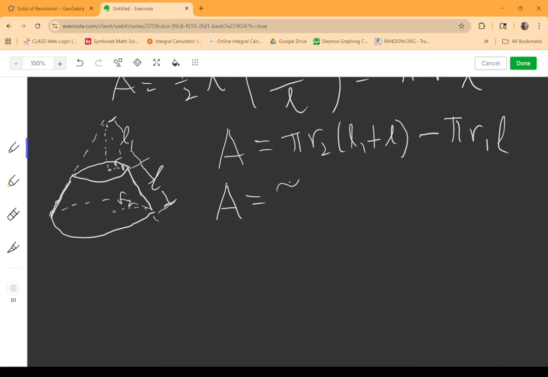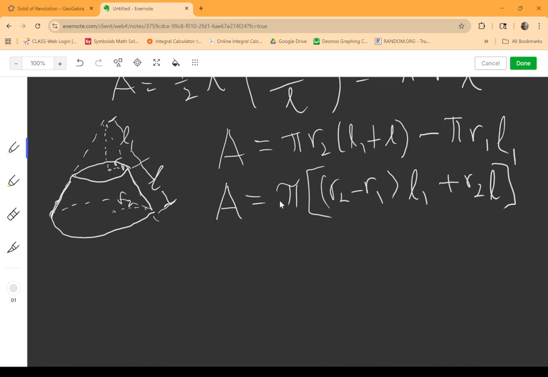So I take a factor of pi out, and I'm going to group the L1 terms and the L. So we'll have pi times R2 minus R1 times L1, and then plus R2 L. Here I distributed R2, and then I grouped L1 as R2 minus R1, and then R2 L is what's left, and the pi I factored out of both.